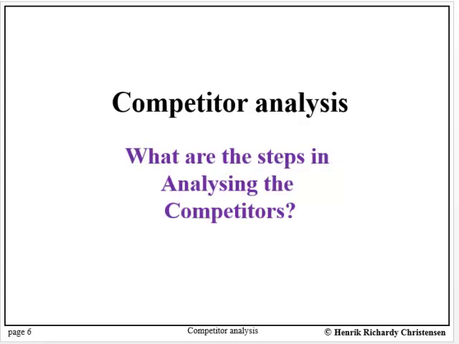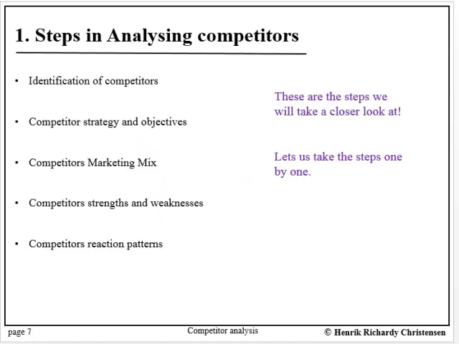So, what are the steps in analyzing the competitors? Well, there are 5 steps: identification of competitors, competitor strategy and objectives, competitors' marketing mix, competitors' strengths and weaknesses, and competitors' reaction patterns.